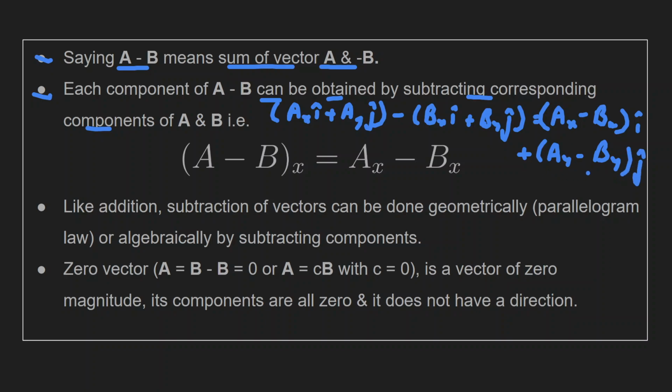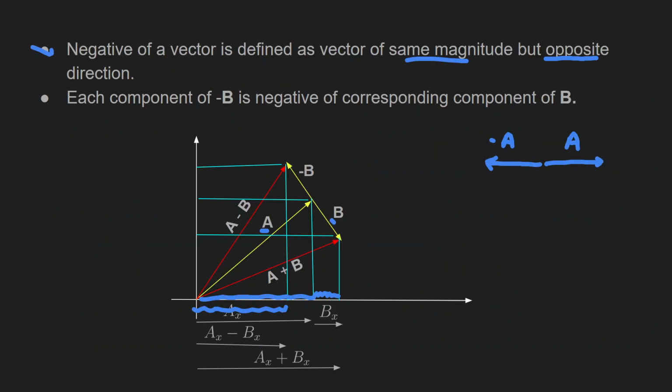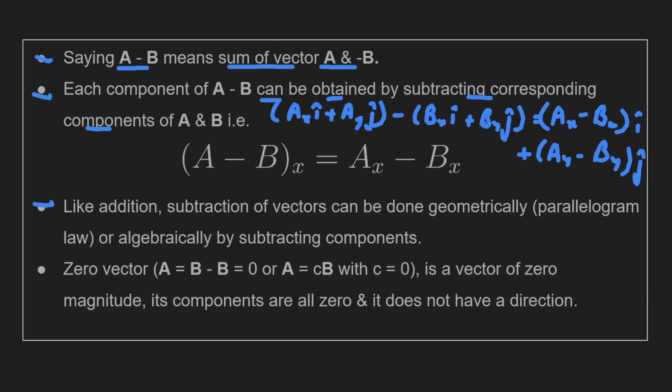So only the components get subtracted. Like addition, subtraction of vectors can be done geometrically, which we have done over here. The components you can just see. This component will be AY and this component will be BY, and you can check this.